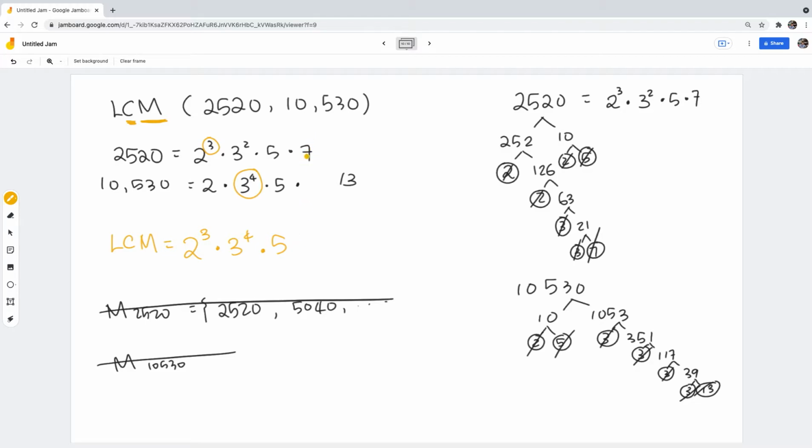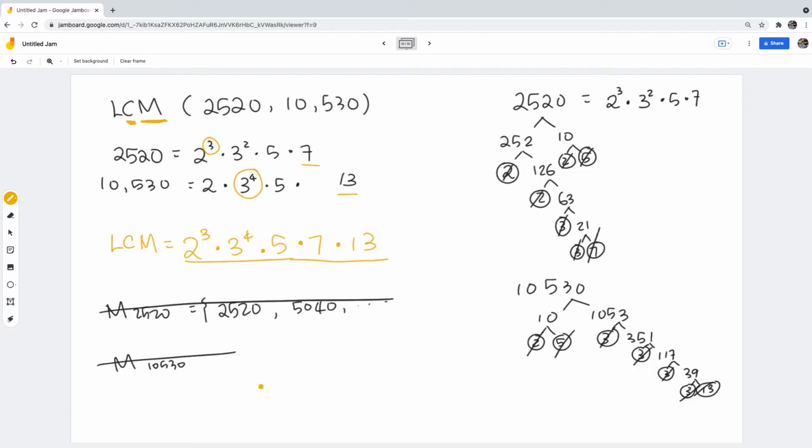How about what we are going to do with the 7 and 13? They are not common, but it's a multiple. To get a multiple of that number without multiplying by 7, you cannot get this number. So you have to multiply whatever is left over. So write all the common factors with the higher exponent, and then multiply the rest of it.